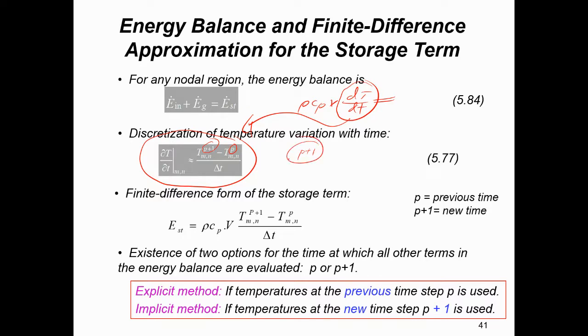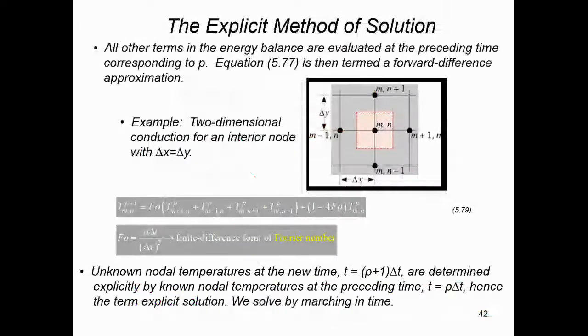Always we want to find T p plus 1. And this is the explicit technique. We use the previous time or previous temperature for predicting or determining the future temperature. So let's do one.